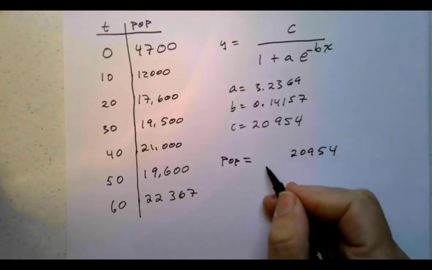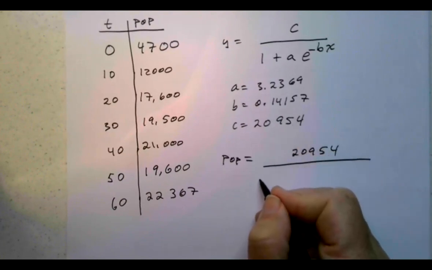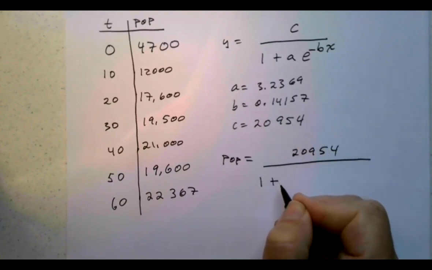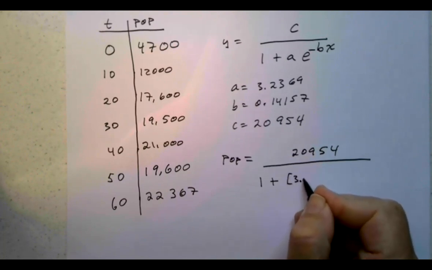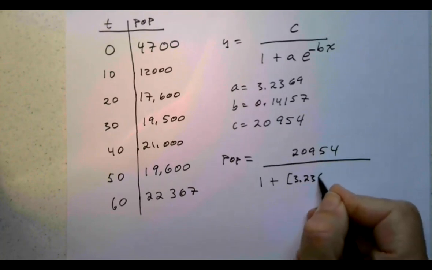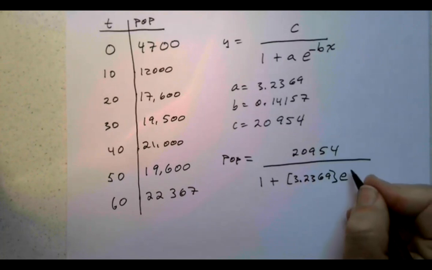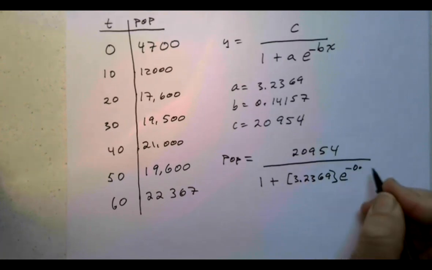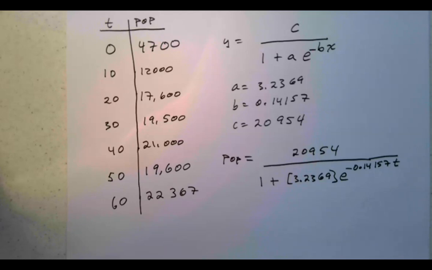That's your carrying capacity, divided by 1 plus A. A is 3.2369, times e to the negative bx, negative 0.14157x. I'm going to go ahead and change it from an x to a t. There is our regression equation.